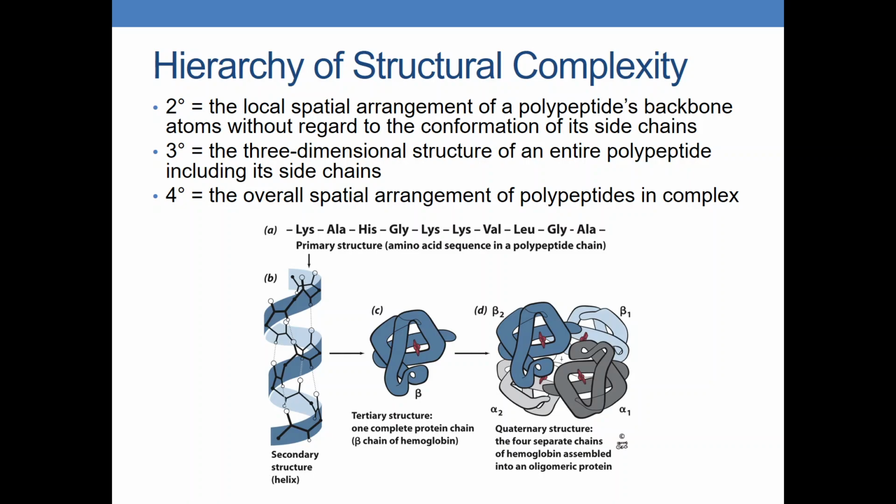Secondary structure, again, forms via interactions between amino acids that are close in primary sequence. Usually this is going to involve not side chain interactions, but rather interactions between the backbone atoms. If you remember when we talked about the peptide bond, you have a repeating pattern.